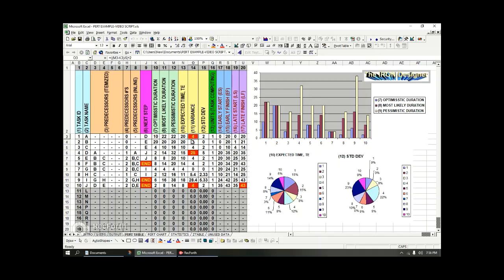The variance is just a value computed. For right now, just ignore that I've colored these red. We'll get into that in a minute. The variance takes the pessimistic duration minus the optimistic duration and divides that by 6.